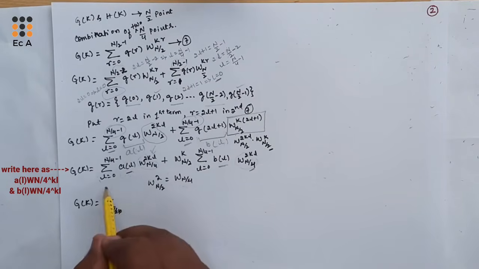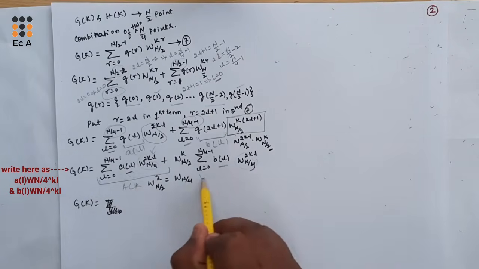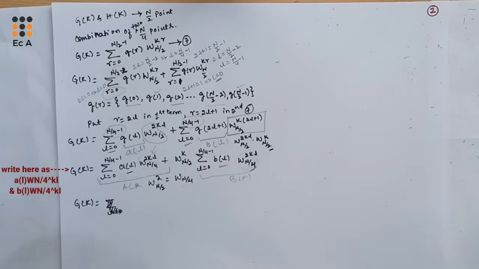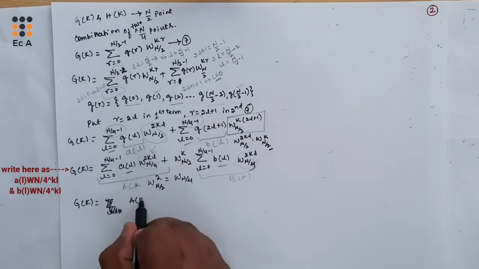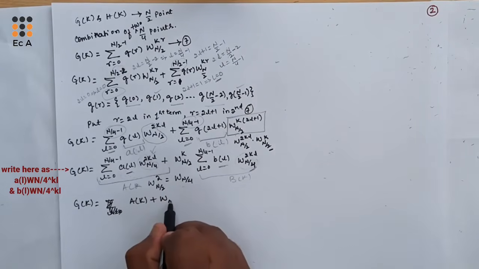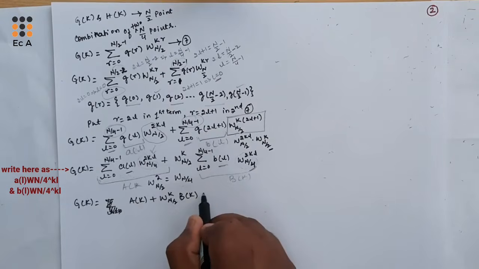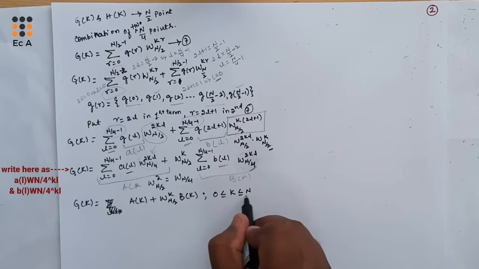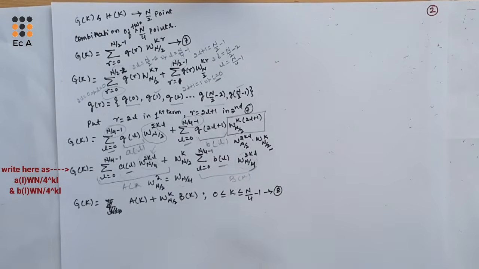Now this entire term we can write it as a of k, and this entire term we can write it as b of k. So we can write g of k is equal to a of k plus wn by 2 to the power of k b of k. Here the value of k will be ranging from 0 to n by 4 minus 1. Let us call this as equation number 8.